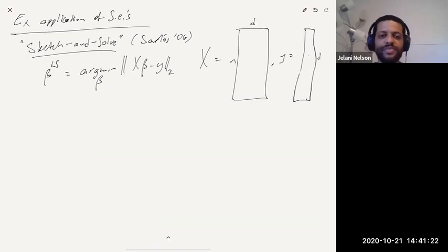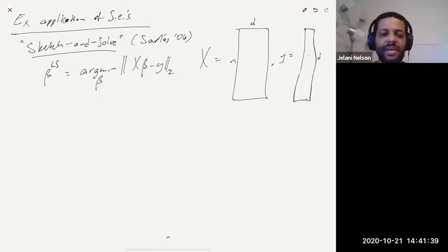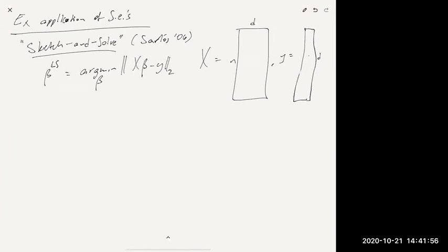You can verify the solution by computing a gradient and setting it to 0, but I can just say it intuitively. What is the beta that's the minimizer? For any beta, the set of all possibilities for X times beta is just the column space of X.